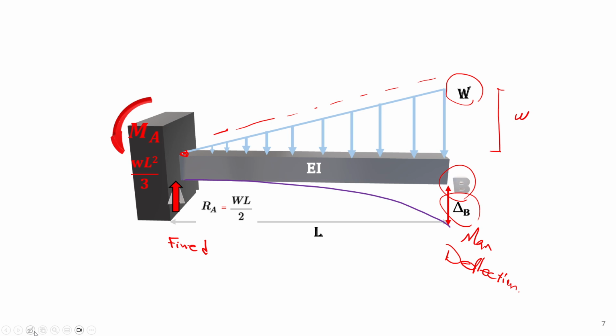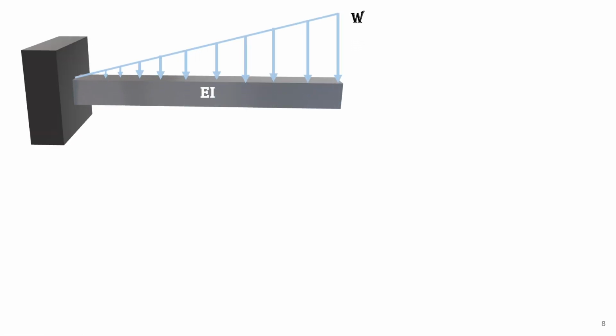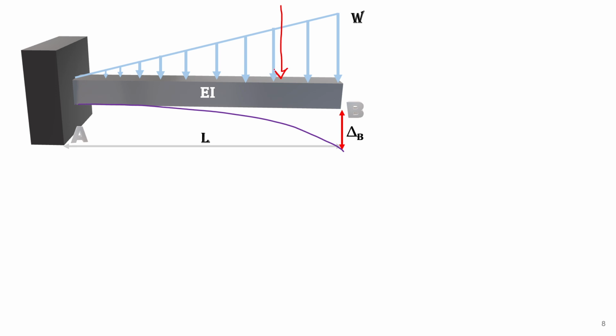Let's start our problem. First of all, we can find our resultant force. This is a triangular loading, so the resultant force is half of WL, which is located at 1/3 from the base, which is the overall intensity.